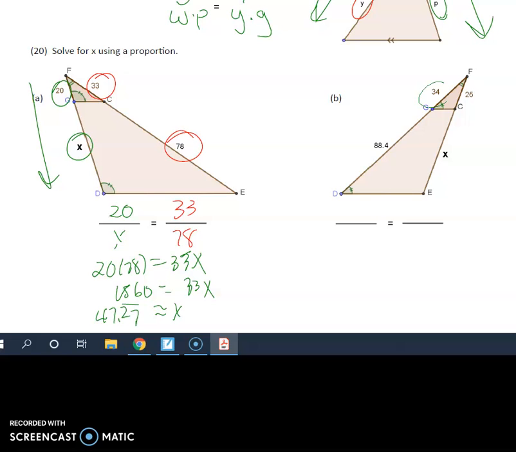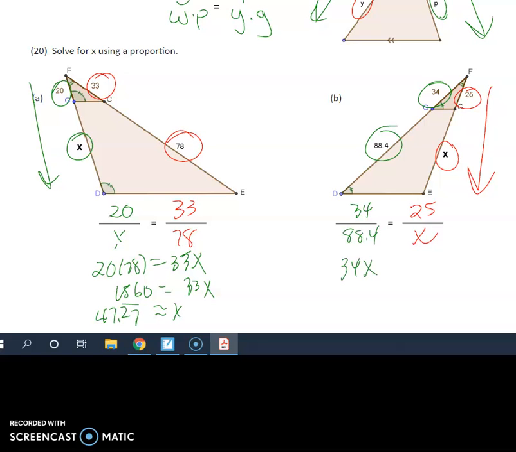In the second problem, same thing. The side splitting pieces for FD and the side splitting pieces for FE. So we do 25 to X as I go from top to bottom, and 34 to 88.4.